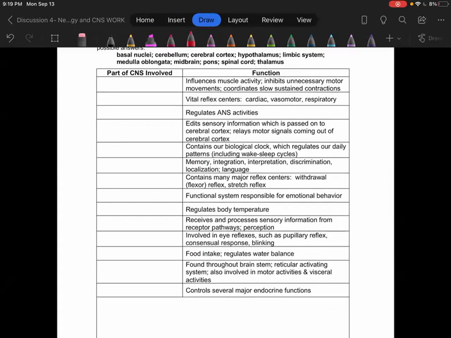So what part of the central nervous system influences our muscle activity? That is going to be the basal nuclei. So looking at that, fine motor functions, basal nuclei.